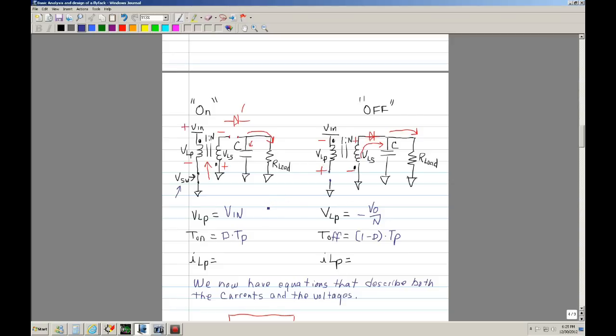Now we have an equation for the primary inductance. We can also calculate the current of the primary.